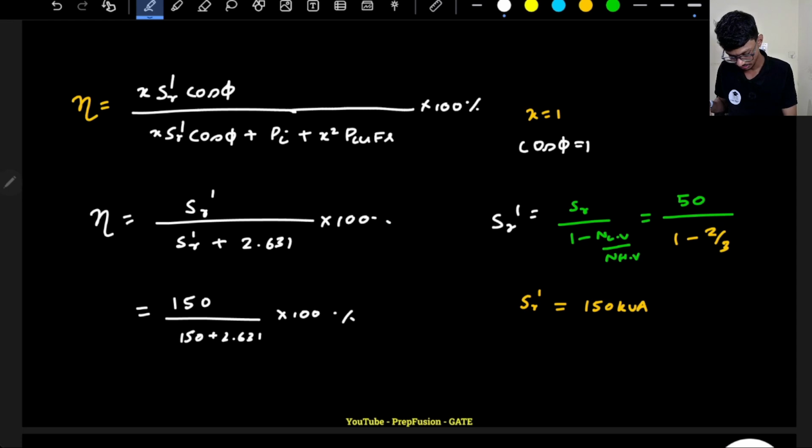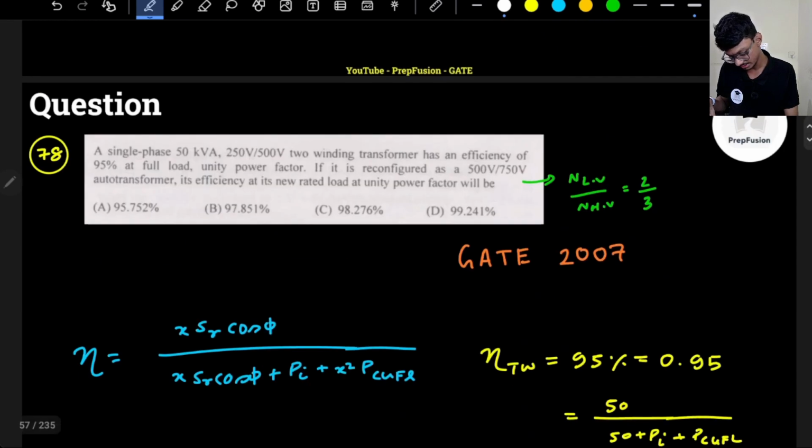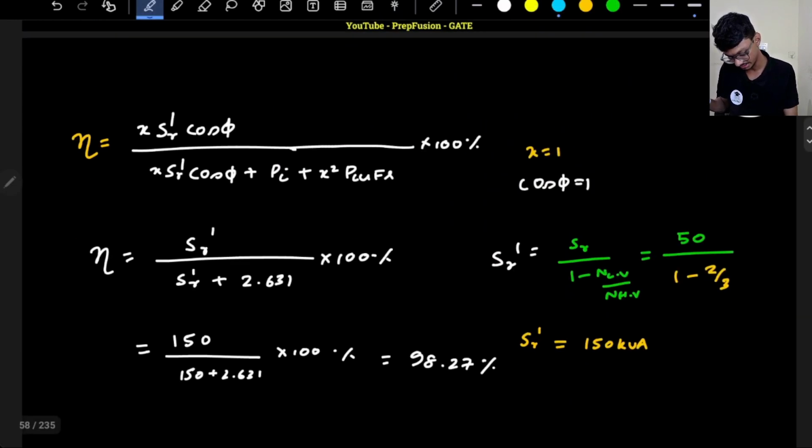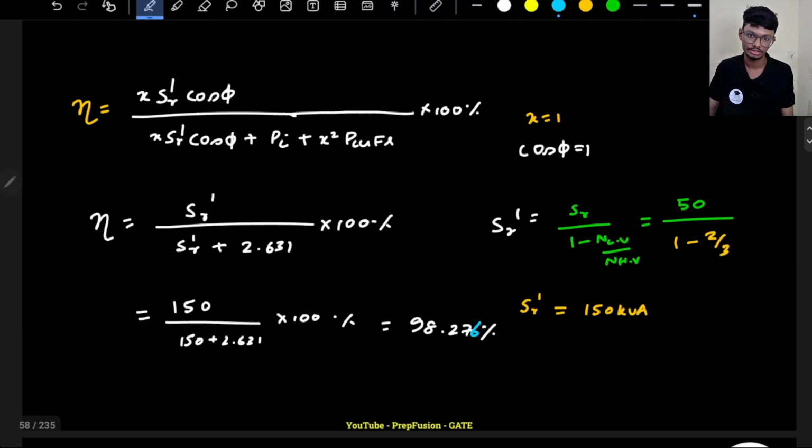This comes out to be 98.276 percent. Previously it was given as 95%, so it has increased, right? So option C will be the correct answer. I hope you have understood this question. It is formula based, I do agree, but not that difficult to remember the formulas. Basics we have solved with basics only.